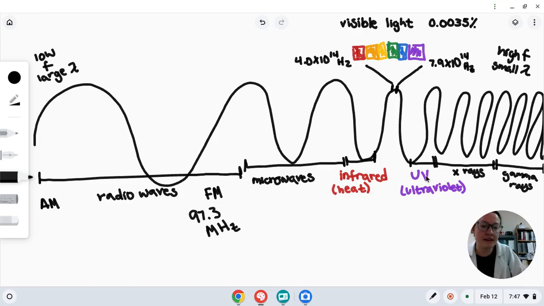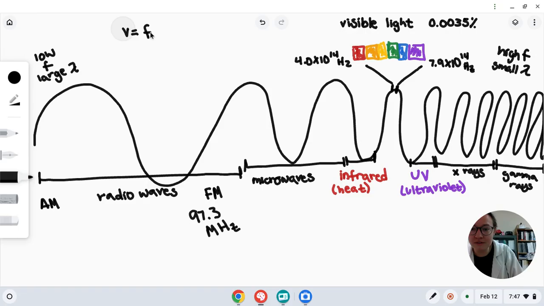Now, there's one last thing that you need to know for today, and that is a little bit about calculating wavelength and frequency when it comes to different types of light on the electromagnetic spectrum. Here's something that you already know. You already know that v equals f lambda. That the speed of a wave equals the frequency of that wave times the wavelength of that wave. Well, here's a new equation for you.